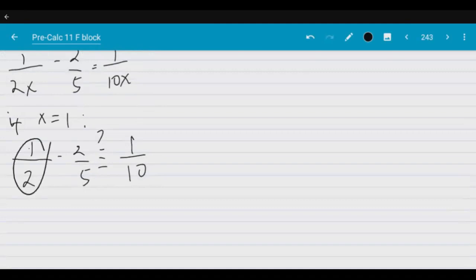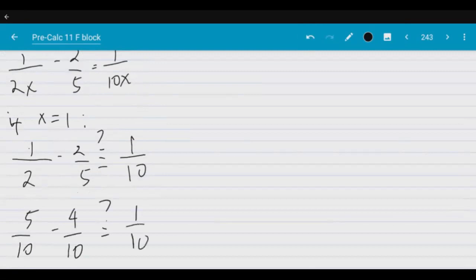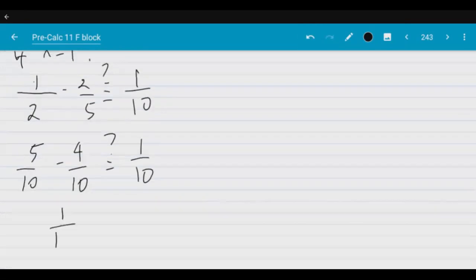This 1/2 becomes 5 over 10. This 2/5 becomes 4 over 10. Is that the same as 1 over 10? And obviously, 5 over 10 minus 4 over 10 is equal to 1 over 10. And yes, it checks out.